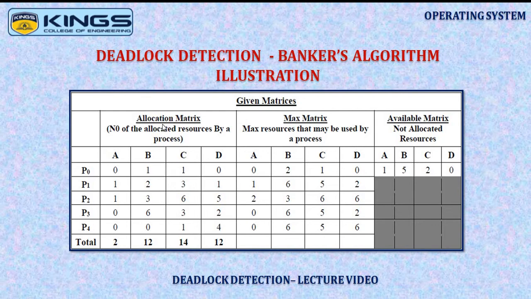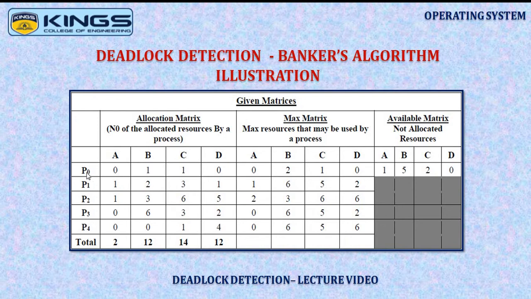Allocation matrix is nothing but, out of available resources A, B, C, D, what is allotted to each of the processes. It is an indication of how many A, B, C and D are allotted to each of the processes. The entry of such allocation is the allocation matrix.